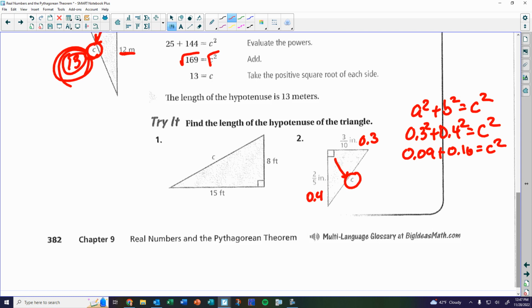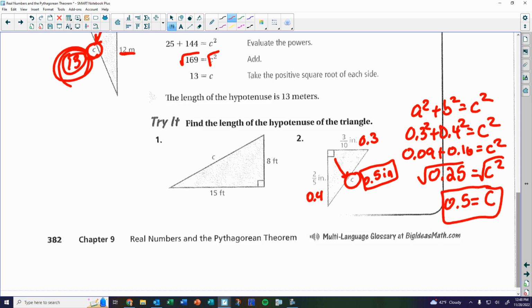Add them together. 0.09 plus 0.16 is 0.25. And now to get C by itself, I square root both sides. This is what we've been doing in the previous section. So if you square root 0.25, you get 0.5 as your answer. So our side over here is 0.5 inches. And notice it's bigger than 0.4 and bigger than 0.3. It has to be, because that's the hypotenuse side, the longest side of a right triangle, so that has to be the biggest number.